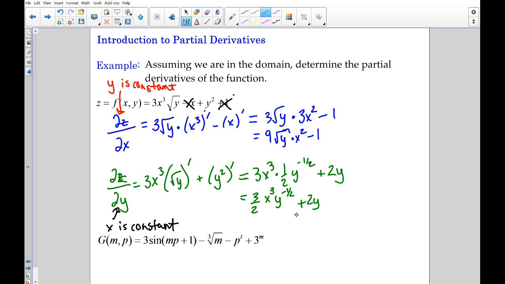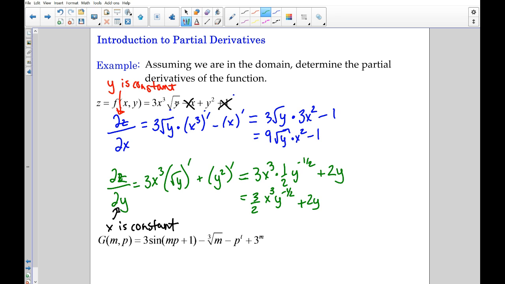Okay. So again, just to review, del z, del x, that means that y is constant, so any terms that contain only y drop off, as well as other constants. And when I'm performing calculations, if y is adjoined to x, I just think of it as a constant.